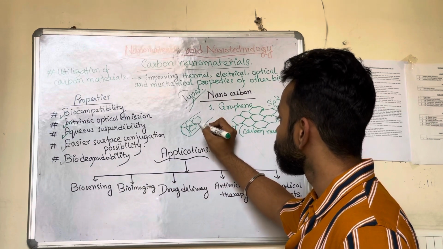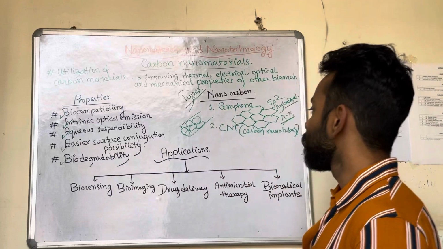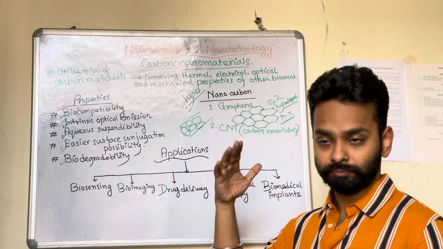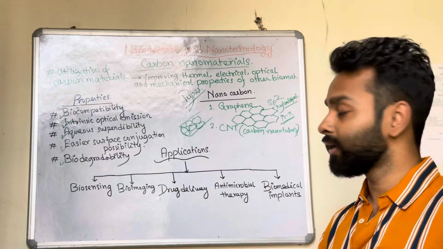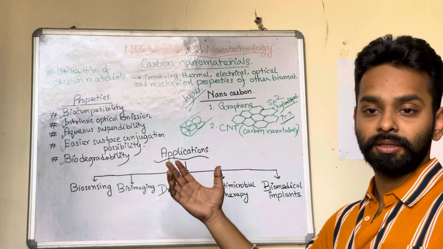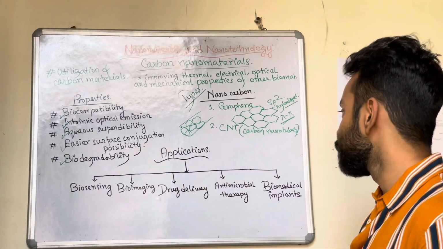These can be the hexagonal rings. So this is a hollow cylindrical tube. Again, these have properties of electrical conductivity, and their mechanical properties are much superior to other materials. That is why these nano formulations are so important.